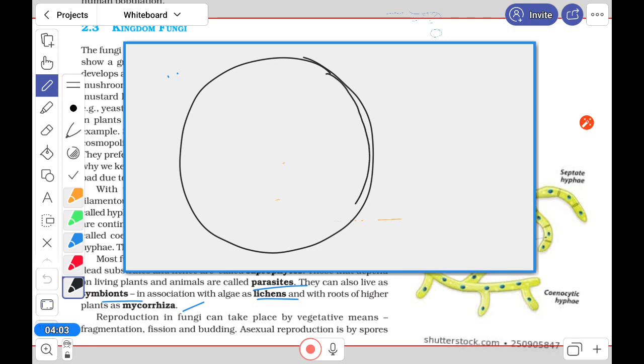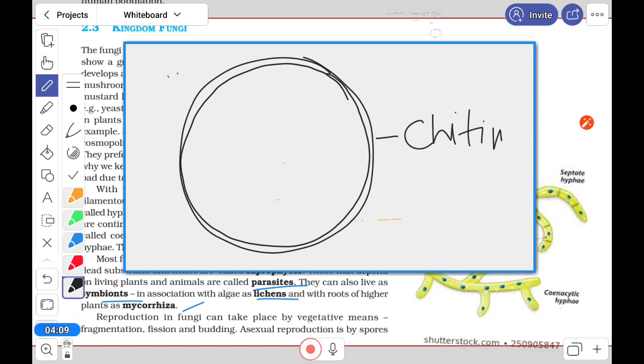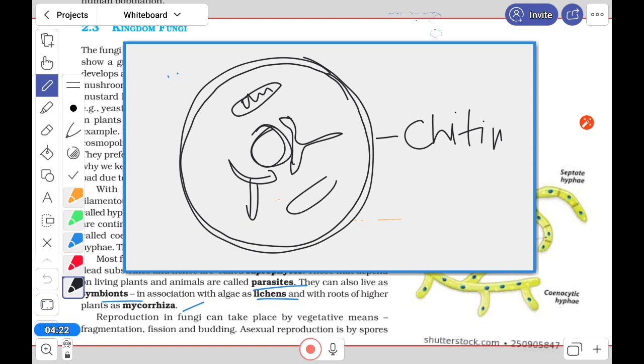The cell wall is made up of chitin, it is not cellulose. Here the nucleus and other things are there, the endoplasmic reticulum, mitochondria here.